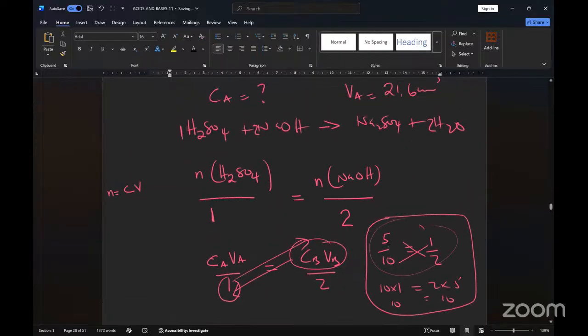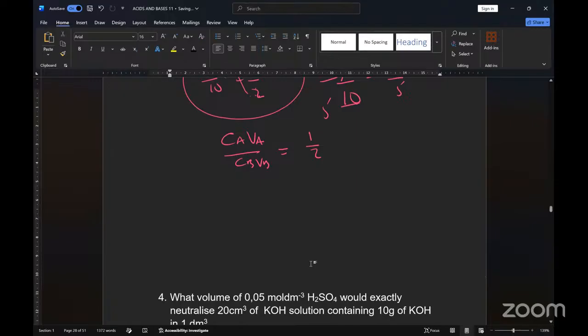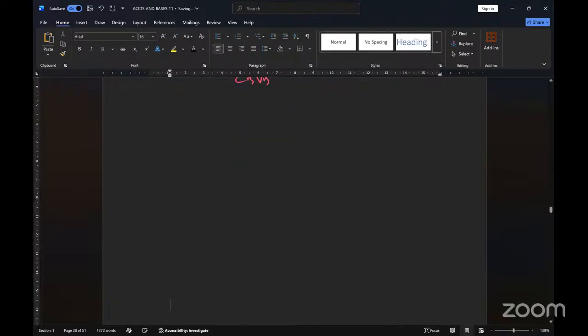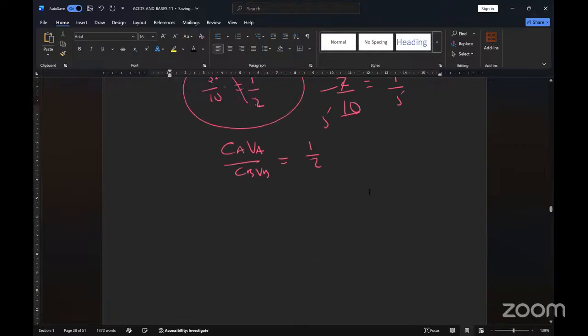Going forward, anytime they give you an equation, let me write the equation again before we solve this question so that you see what I'm talking about. The equation was sulfuric acid plus sodium hydroxide would give you sodium sulfate plus water. The balanced equation is like this.